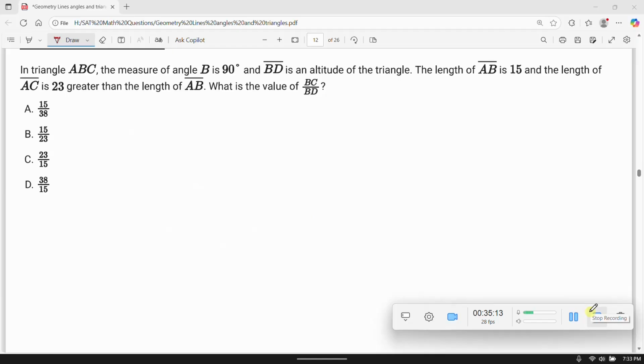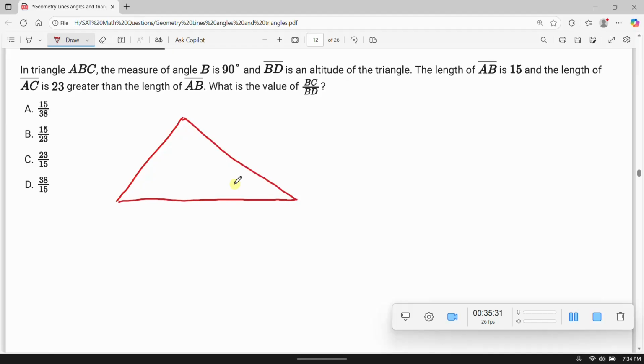So make sure you read the question, then draw the triangle ABC. So they say the angle B is 90.